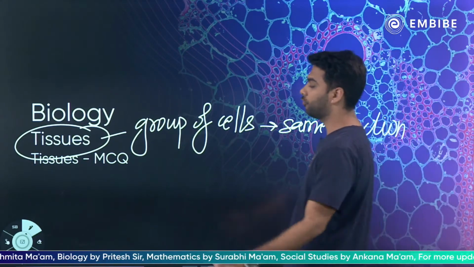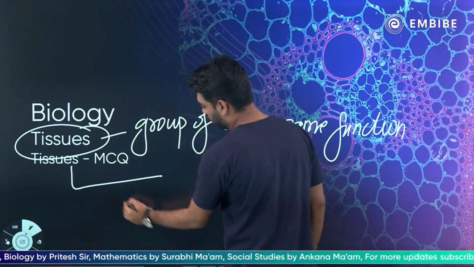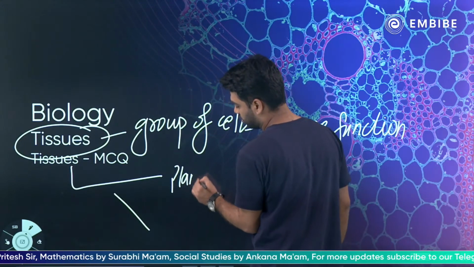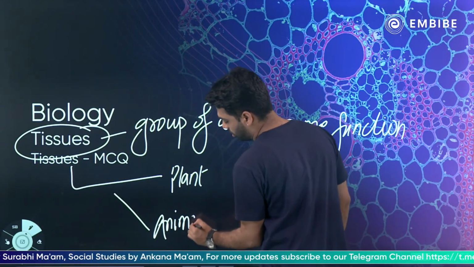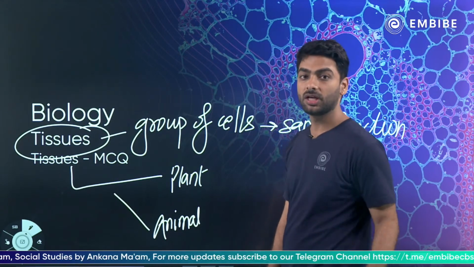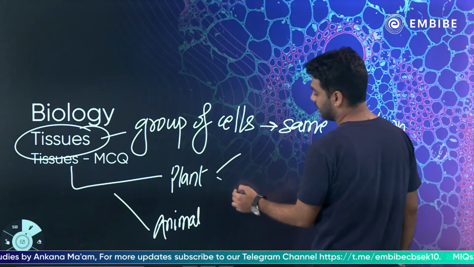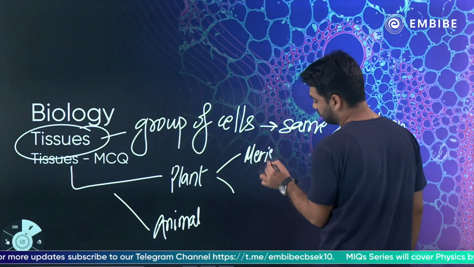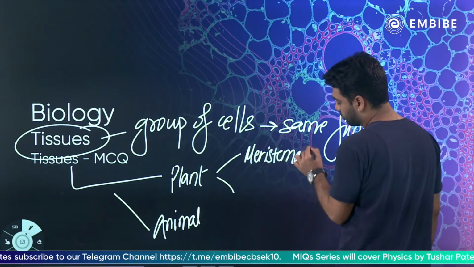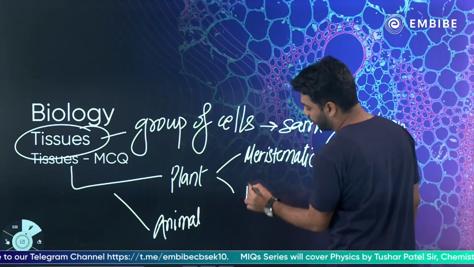And tissues are of two types. You have got plant tissues and animal tissues. Under plant tissues, you have got your meristematic tissues and your permanent tissues.